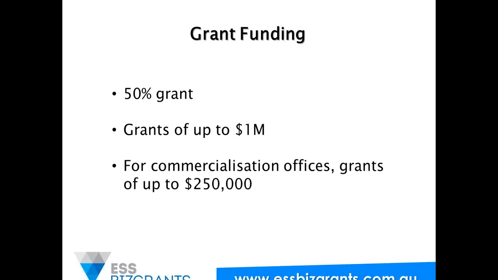And for commercialisation offices, which are all attached to universities, the grants are restricted to an amount of up to $250,000. So for most of you who are working with businesses, and I assume not university spin-offs, the upper grant is $1 million.